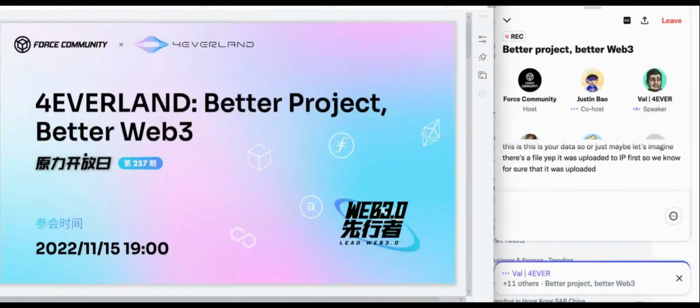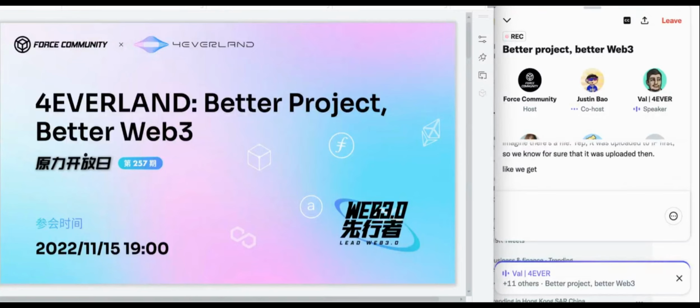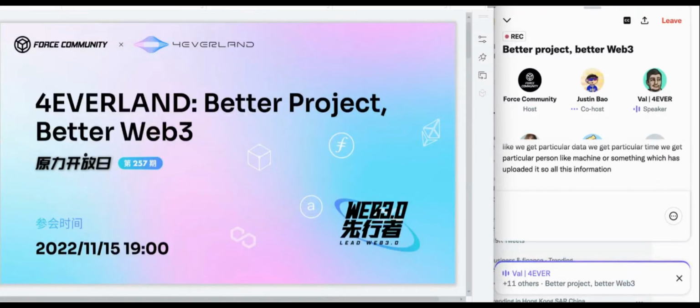We know for sure that it was uploaded, and we get a particular date, a particular time, a particular person or machine that uploaded it. All this information exists and it cannot be changed or replaced, which can happen with centralized services.